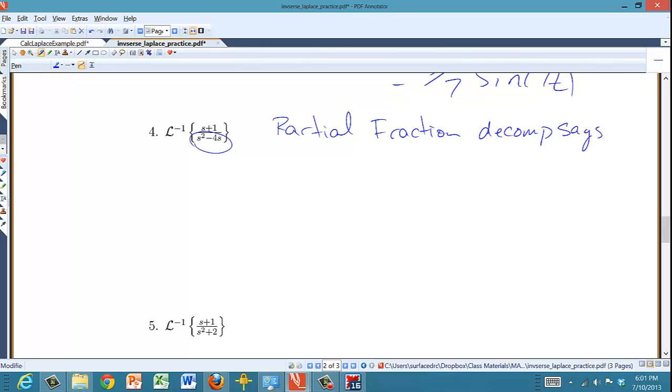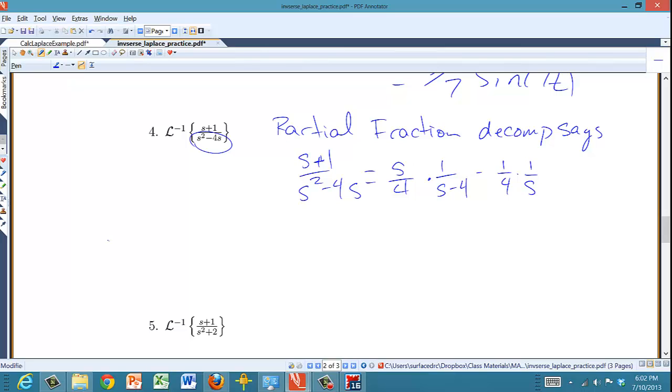The partial fractions decomposition says that s plus 1 over s squared minus 4s, that's the same thing as 5/4 times 1 over s minus 4 minus 1/4 times 1 over s.